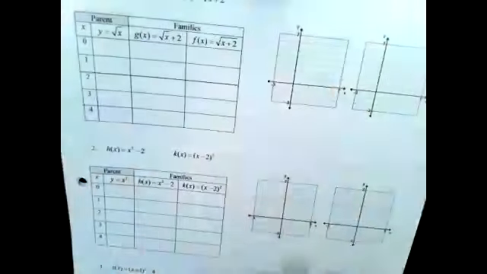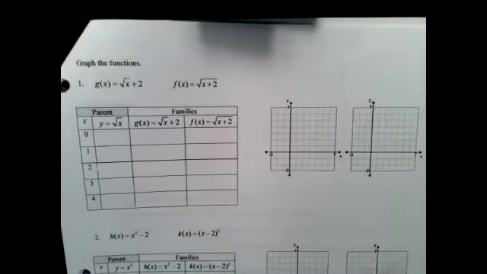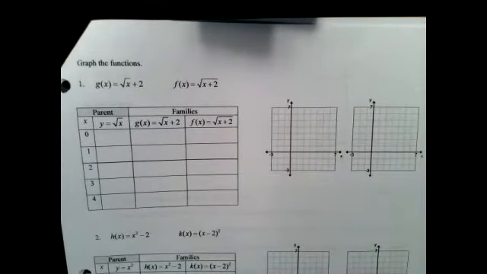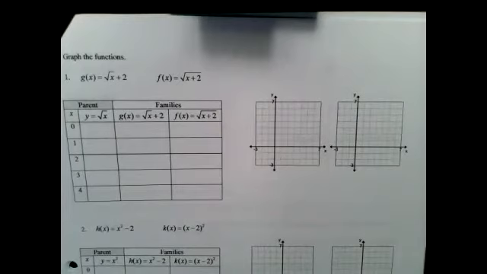Okay, let's take a look at this first one. I have the parent function, and my parent function is y equals the square root of x. We're going to be doing things a tiny bit different than in here, but we're going to start with this.